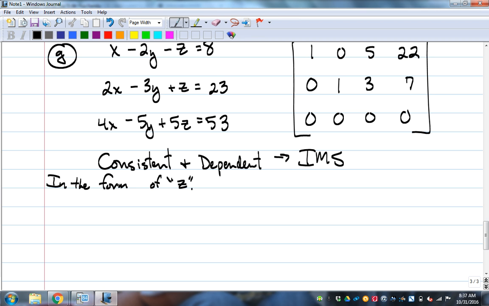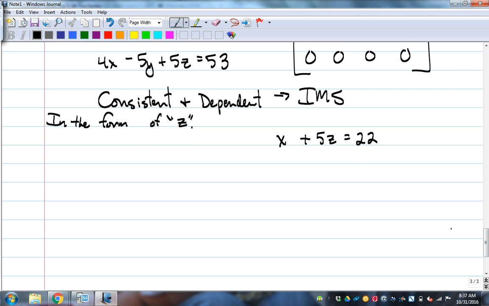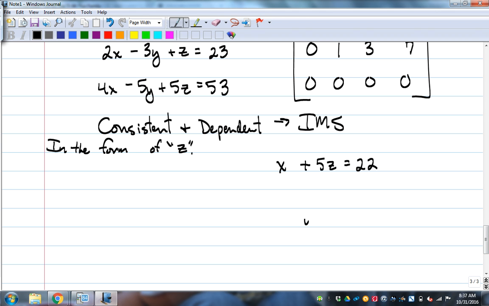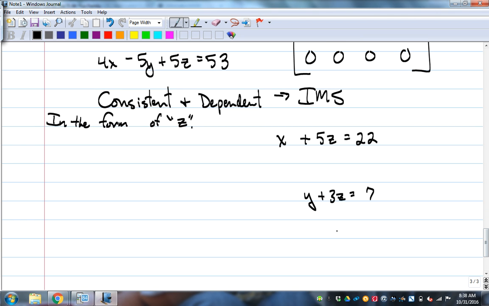Okay. So what you do is you take that matrix that you get after running RREF and you set it up as equations. You got X plus 5Z equals 22. And then another equation, the second one, is Y plus 3Z equals 7. Well, Z is equal to itself.